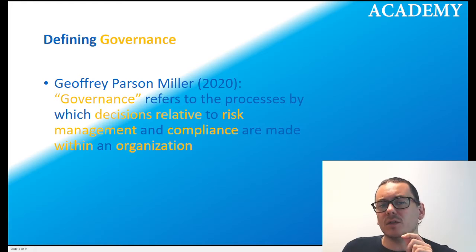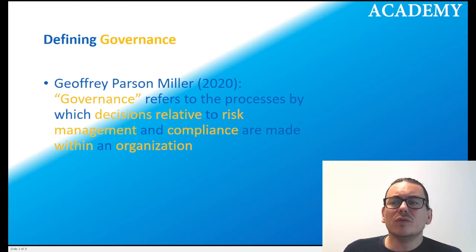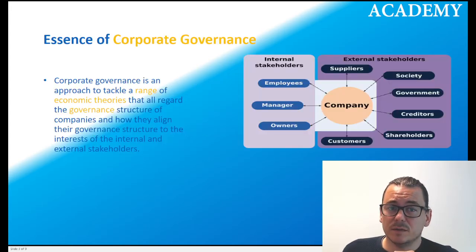To represent governance more, I will use the theoretical framework of corporate governance because it is one of the most applied theoretical frameworks and the most used research field within modern governance. So let's just look a bit at corporate governance to represent the G of the GRC framework, governance.